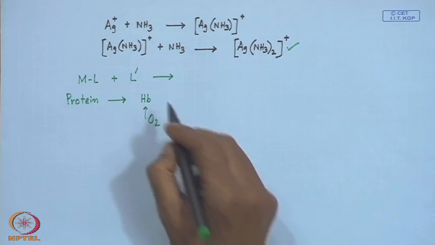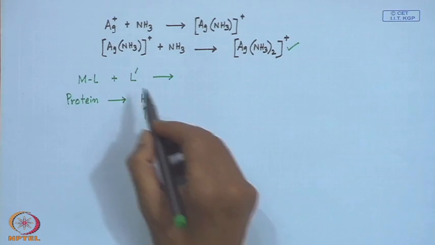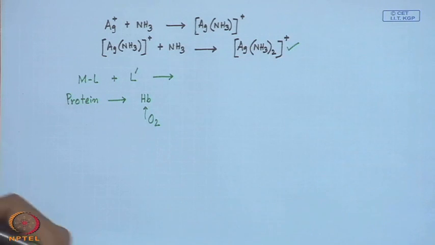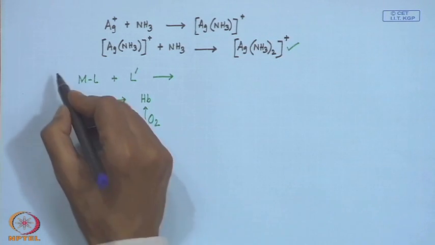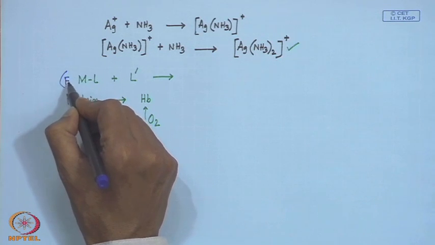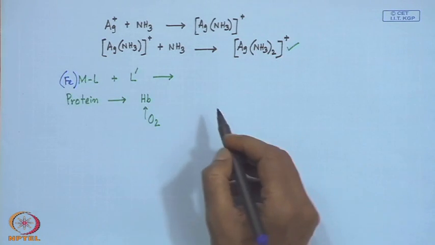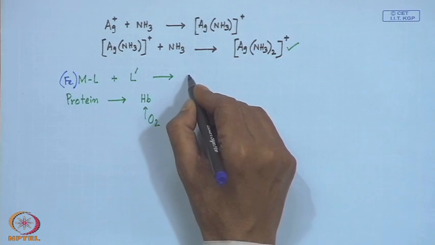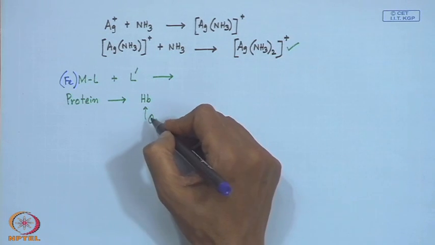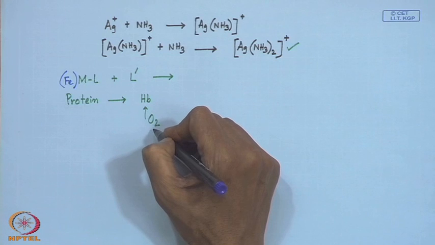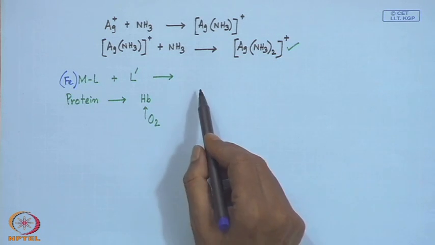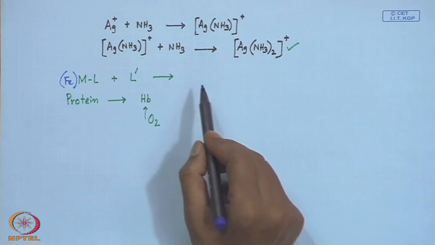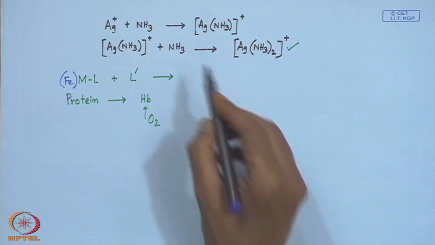So, O2 binding by the hemoglobin molecule: L prime would be our oxygen molecule and the metal center is iron. The binding of O2 to the hemoglobin molecule can also be studied in the same fashion, in different steps if there is more than one step.